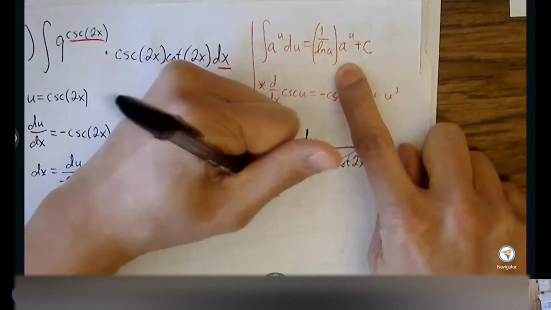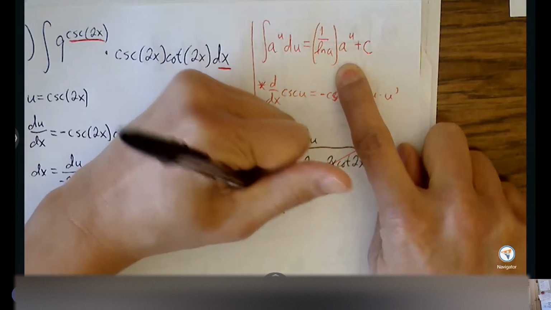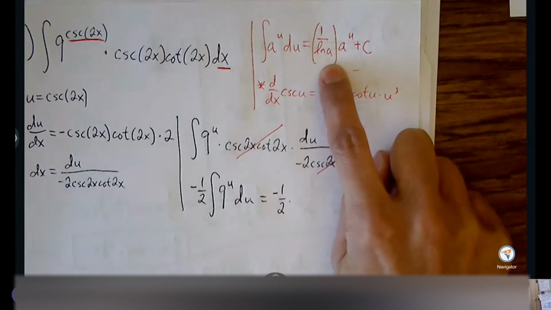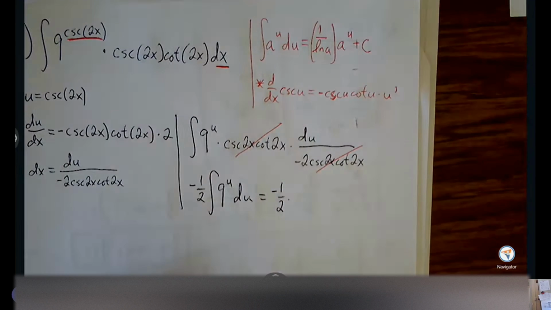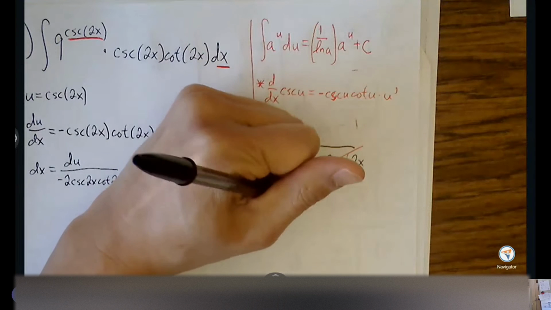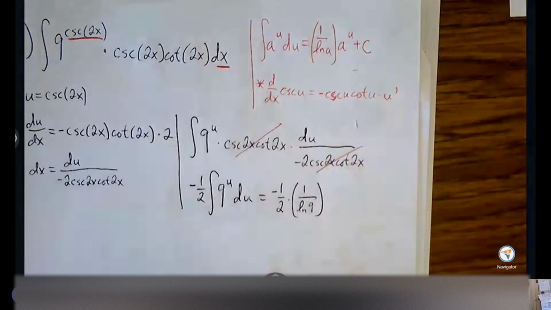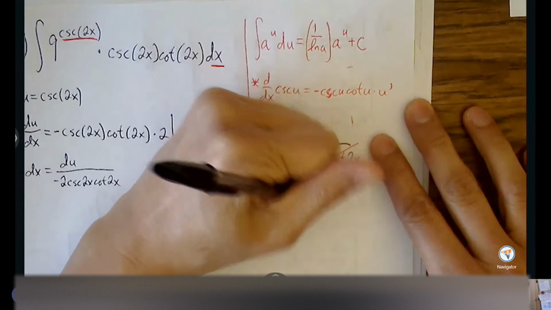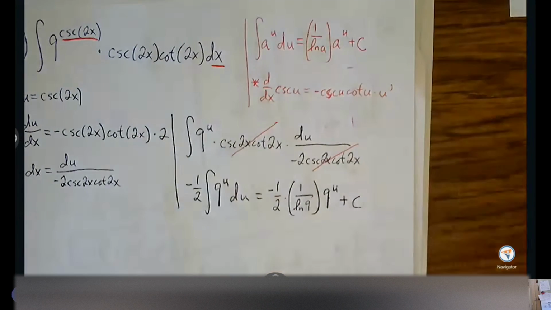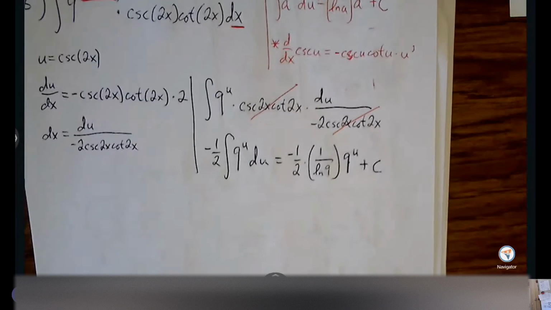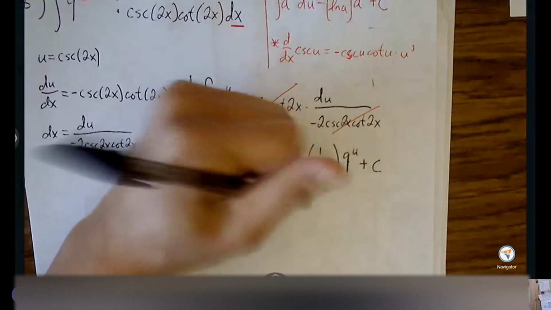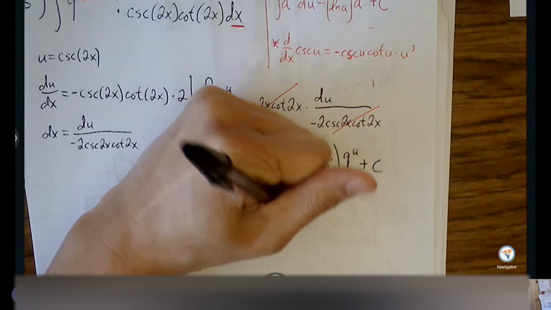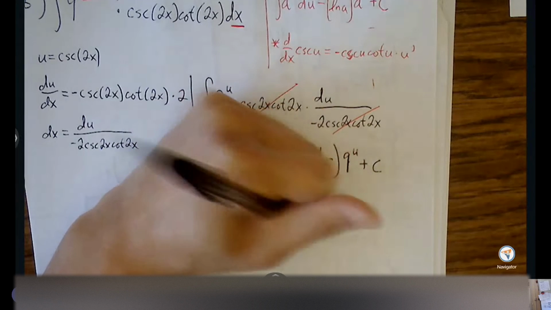Keep the negative 1/2. Okay. And then 1 over natural log of a, my a is 9. And then the rest of the rule, a to the u plus c. My a is 9. And finally, I can put all this under one fraction if I wanted to, or coefficient rather.